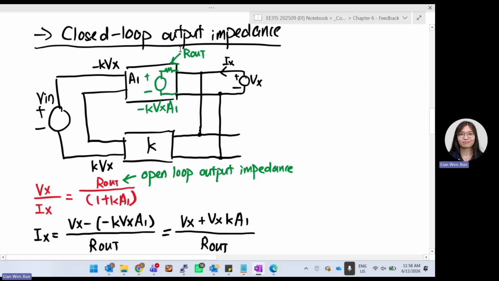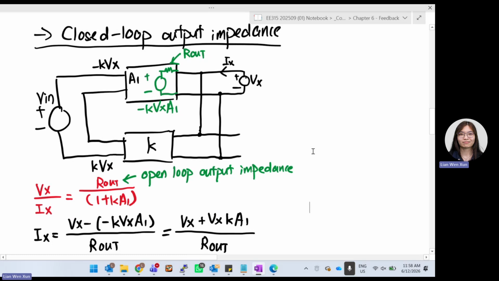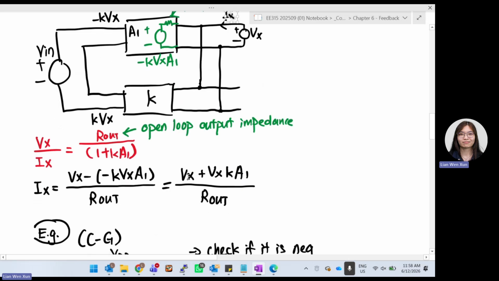So the current is Vx minus negative KVx A1 divided by R out. Then you get this equation. I just want to find my closed loop output impedance. Basically, I want to find Vx over Ix. So from here, you rearrange, and you find out Vx over Ix. You get this whole term.